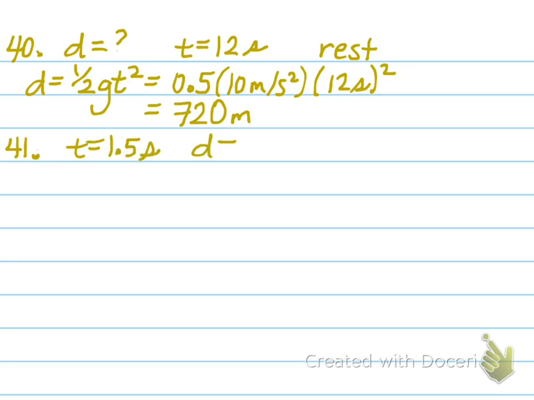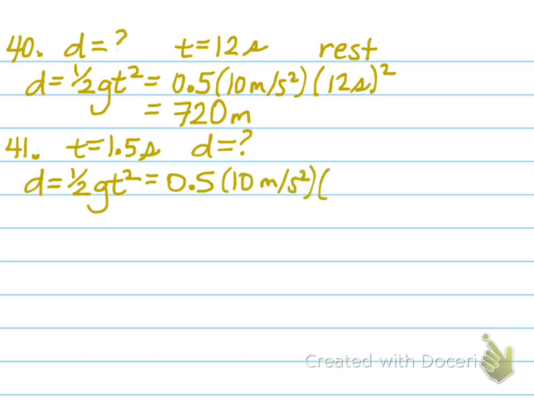Calculate how far it falls, which is a distance, and again we're on Earth, so our distance is 1/2 GT squared. 0.5, G is on Earth, so it's 10 meters per second squared, and our time is 1.5 seconds, and we have to square that. So 0.5 times 10 times 1.5 squared gives me 11.25 meters.